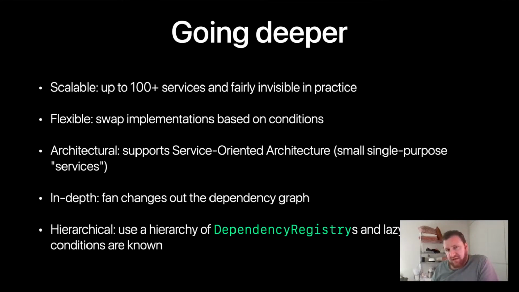In depth, so you can fan out changes along your dependency graph. So the example I use there is, if we go to a good example here, like push notifications, for example, you could load the same version of a service. No, this is a bad example.